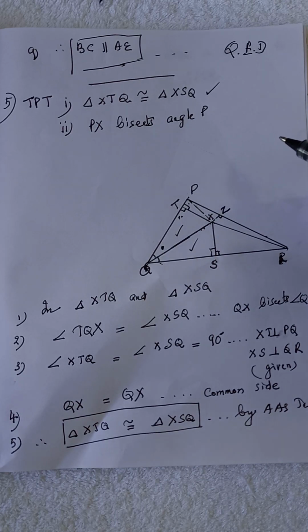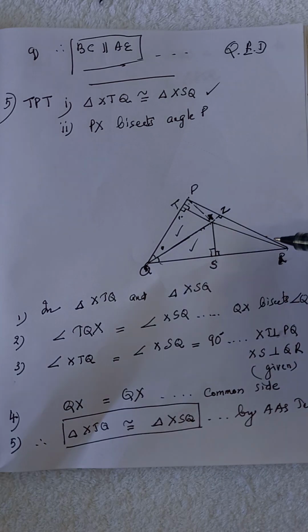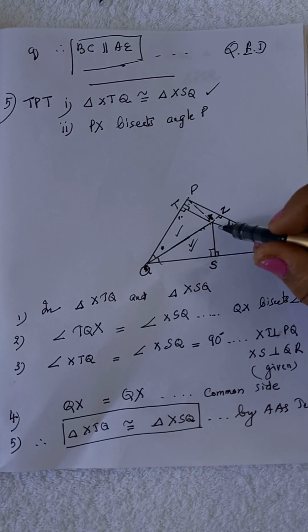Now we are going to consider these two triangles XSR and XRZ. In these two triangles, we have to show that any three sides or angles are equal. Here this angle XRS is equal to this angle XRZ. Why? Because XR bisects angle R, that is given to us.